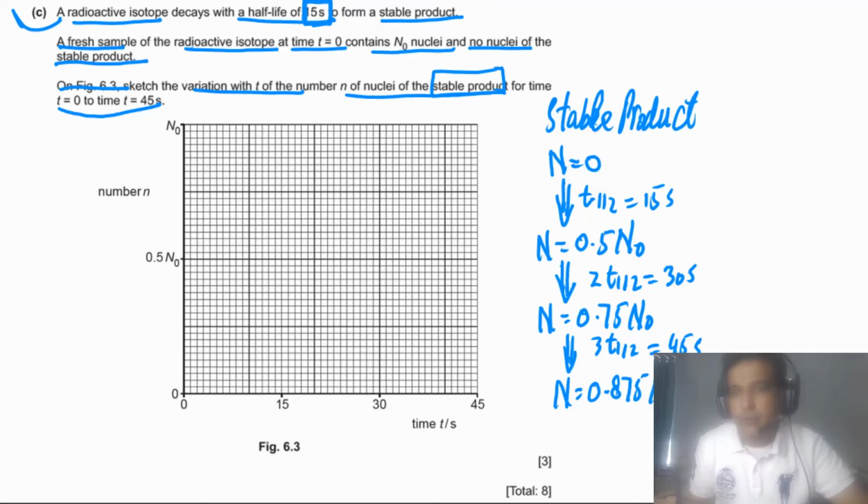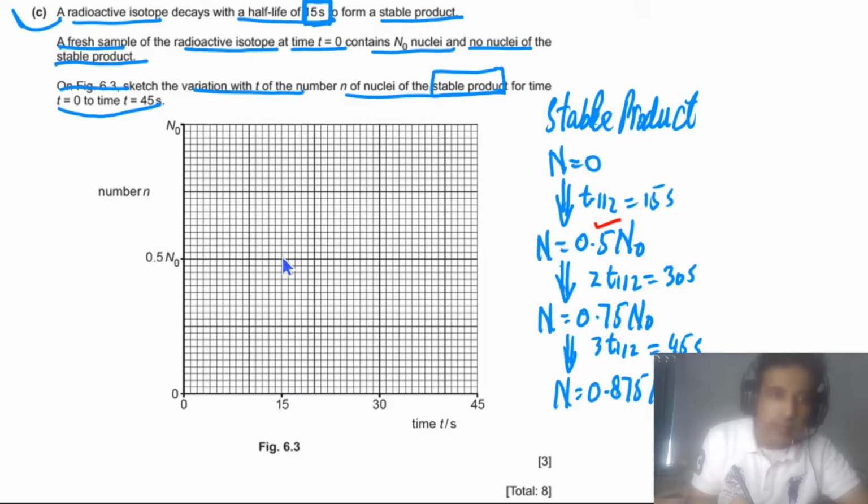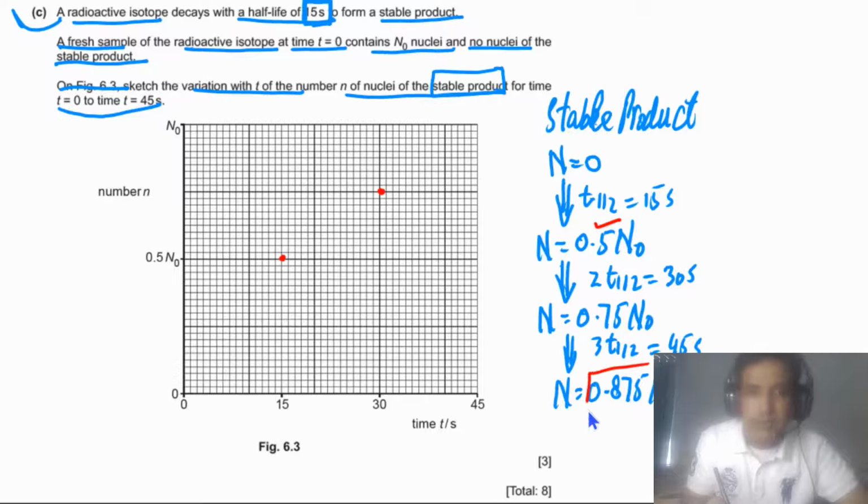Now we need to label these points. After one half-life we will have 0.5, after 2 half-lives 0.75, and after 3 half-lives 0.875. Each time it is half of the remaining amount. Now we need to sketch this, so we connect these dots.